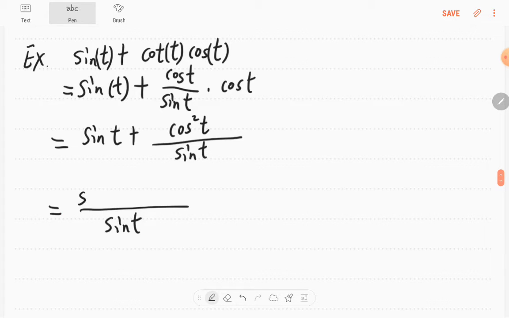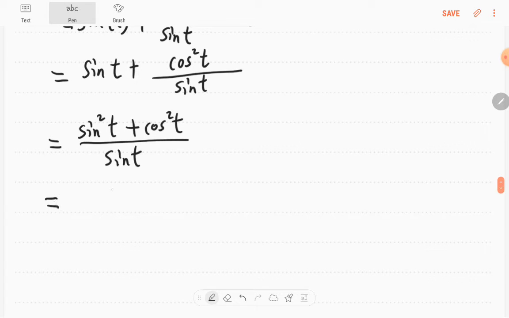So it becomes sine squared t plus cosine squared t. So we know sine squared plus cosine squared is 1, so it's 1 over sine t. Or you can just leave it like that, that would be fine. But if you want to write it as cosecant of t, that's okay.